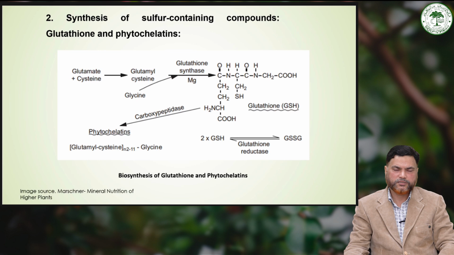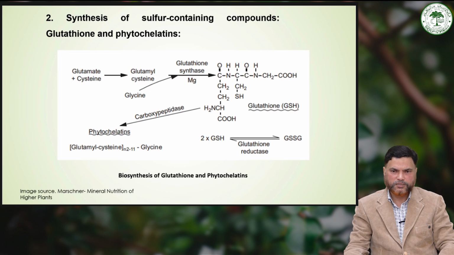Sulfur is generally also present in various coenzymes and cofactors that participate in enzymatic reactions. For example, iron sulfur clusters are prosthetic groups found in many enzymes involved in electron transfer reactions, such as those found in the electron transport chain of mitochondria and photosynthesis in plants.